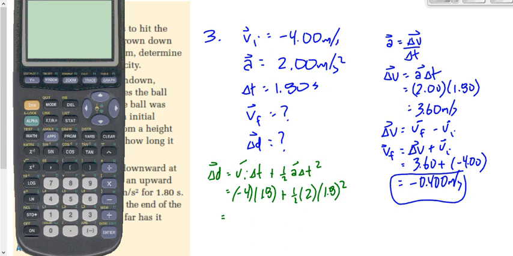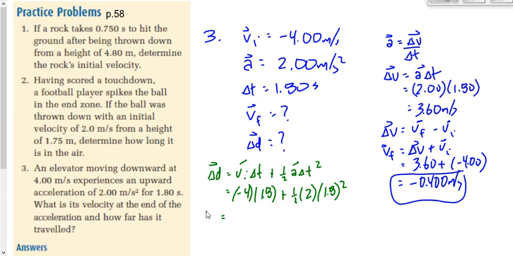So let's do this on our calculator here. Let's say negative 4 times 1.8 gives me a value of negative 7.2. And now let's add to that, put everything in the second term in brackets here. 0.5 times 2 times 1.8 squared, equals negative 3.96, which should it be negative?